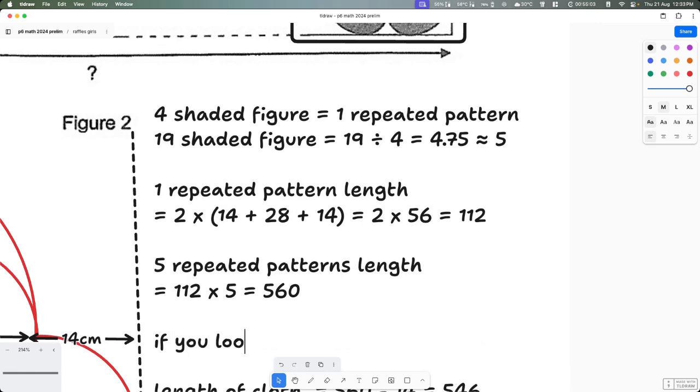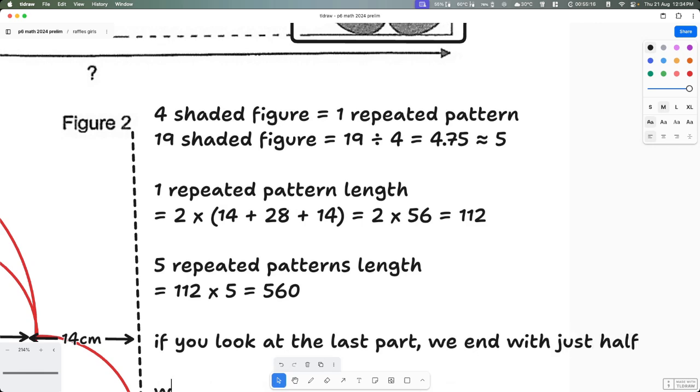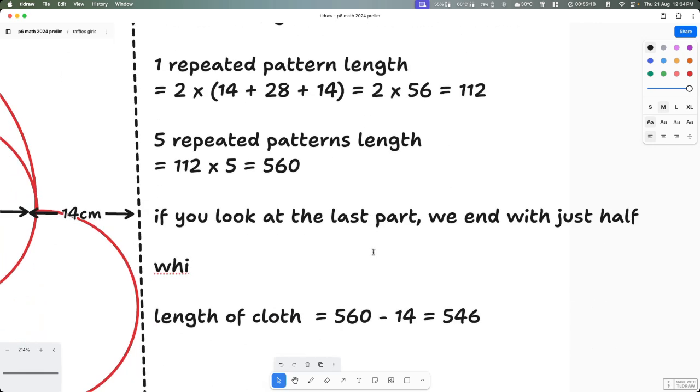If you look at the last part, we end with just half, which means we need to minus 14.